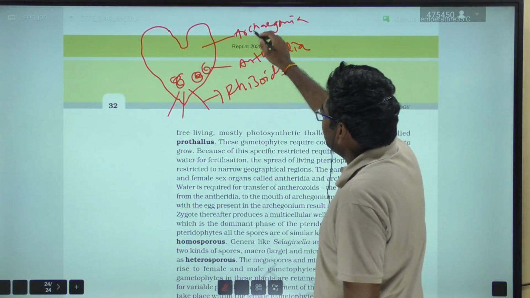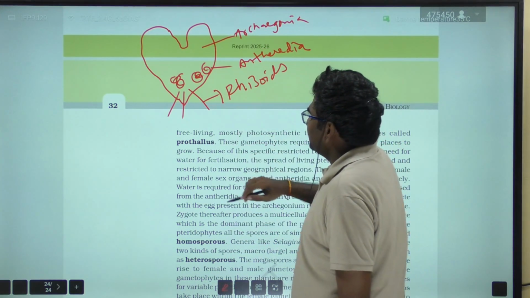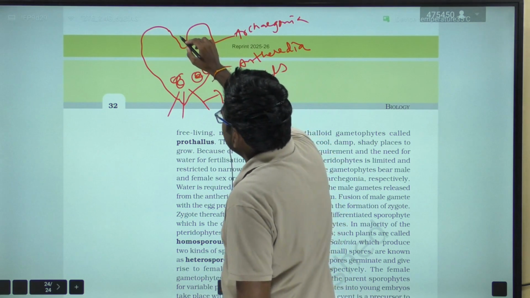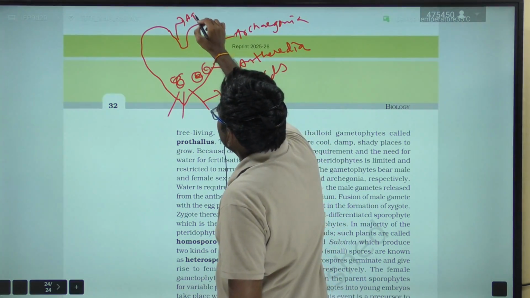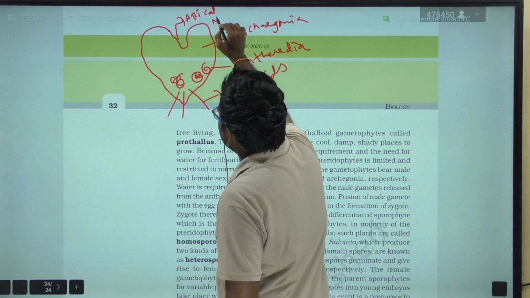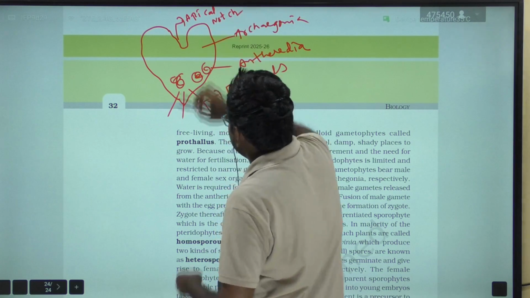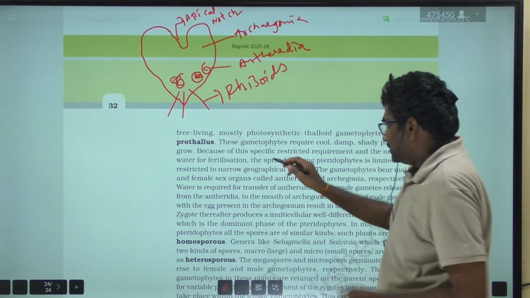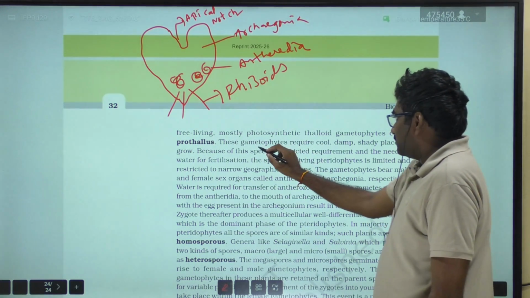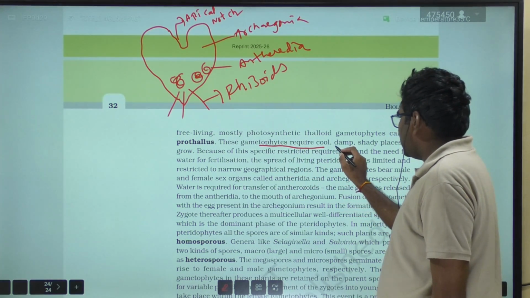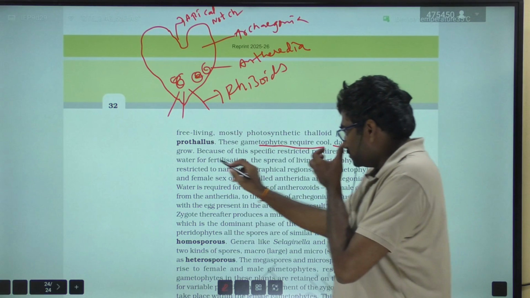This is the apical notch. These gametophytes require cool, damp, shady places to grow.